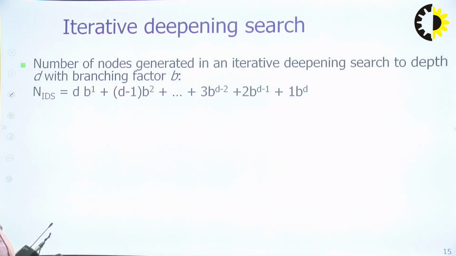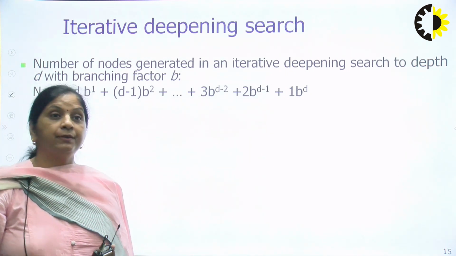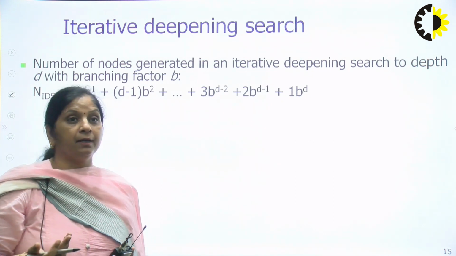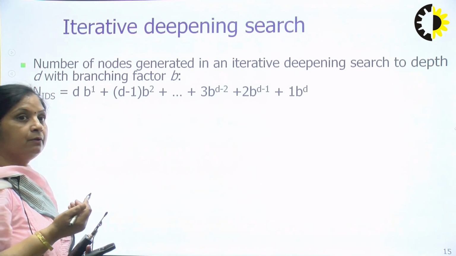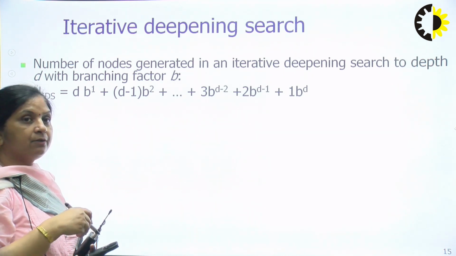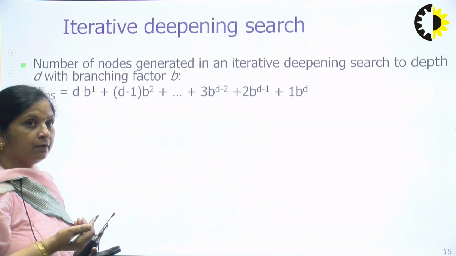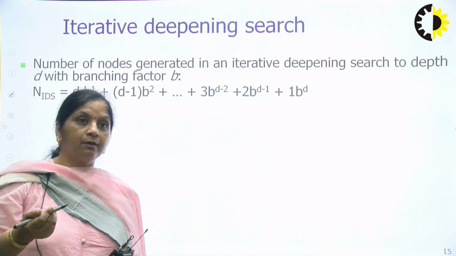Next level. Few nodes are generated multiple times. For example, the root node will be generated every time. Okay? But that is only one node. Its neighbors will be generated multiple times. Those are only B. So root is just one.